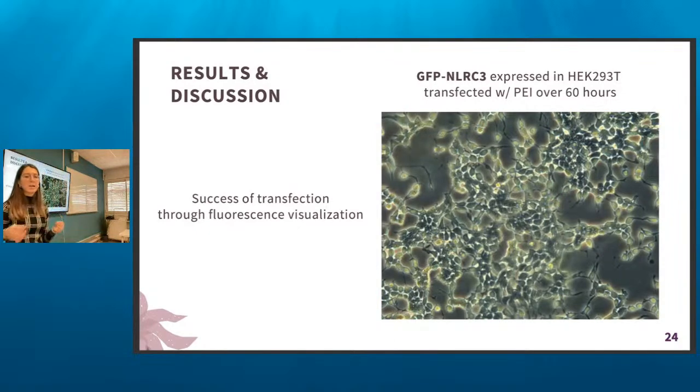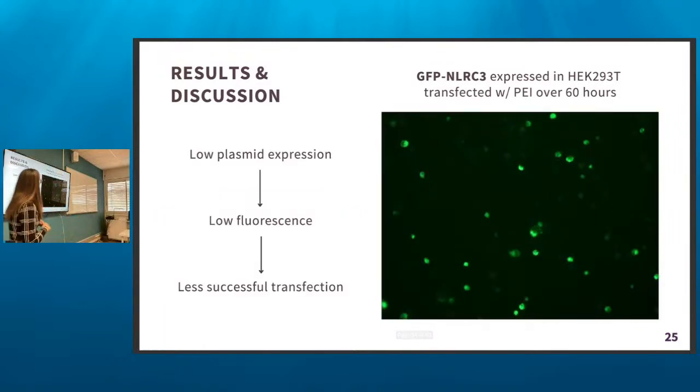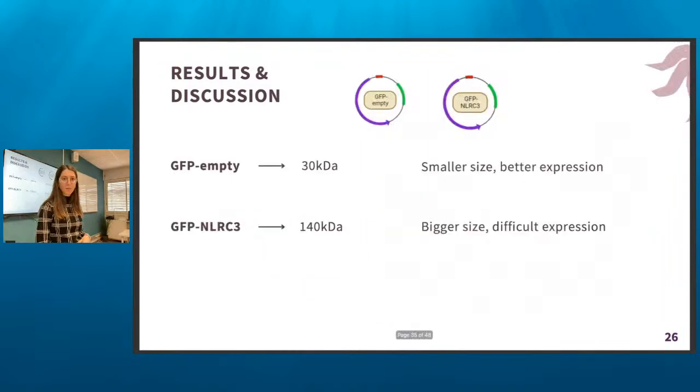Whereas when the cells were transfected with the plasmid encoding GFP NLRC3, the expression appeared to be lower. In fact, we have a low fluorescence spread out in the cells.